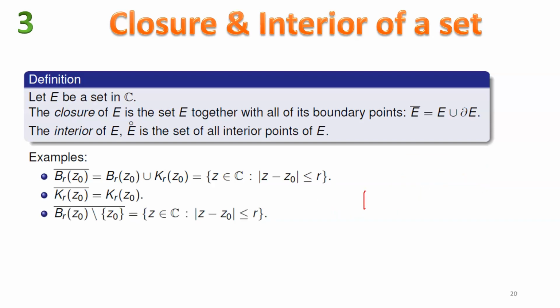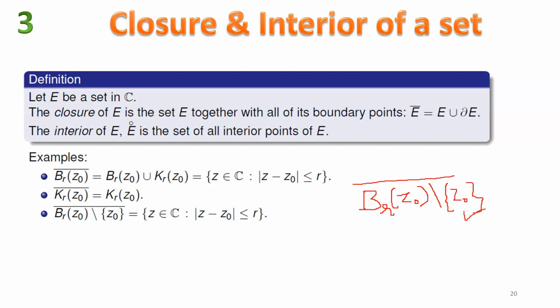Now B_R is a disk of radius R, and this is centered around a point Z0. Here we propose that we are excluding the center Z0 from this consideration, and after doing so, when we consider the closure of this, then we are again including Z0.